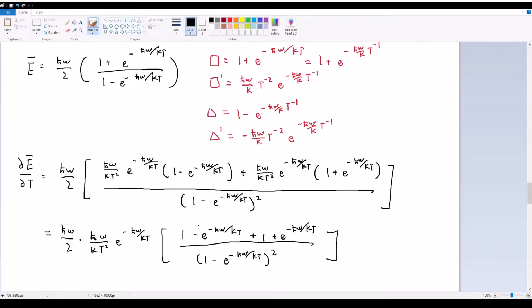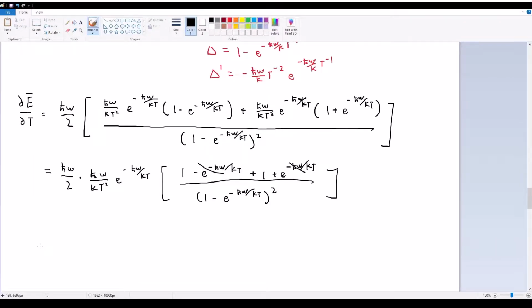At this point, these two terms cancel. The top is going to give me 2. So this is equal to h bar omega over 2 times h bar omega over kT squared e to the negative h bar omega over kT times, and you know what, the 2 just straight up cancels out with the 2 down here, so this is just going to give me h bar omega over kT squared e to the negative h bar omega over kT multiplied by 1 over 1 minus e to the negative h bar omega over kT squared.